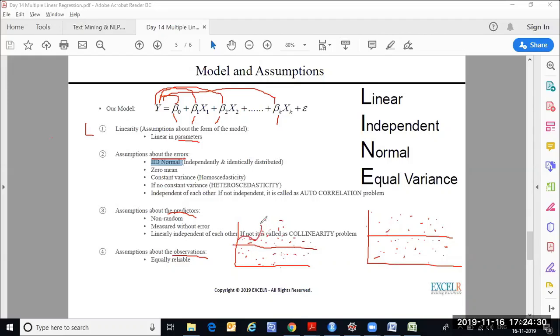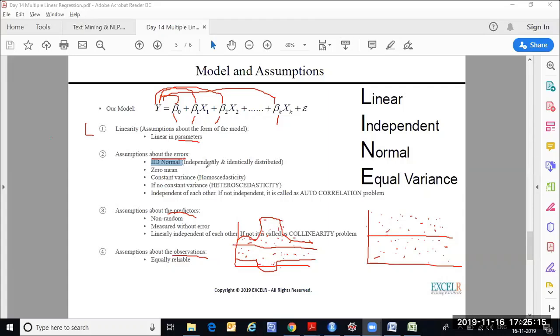These errors or residuals are following a pattern, right? So the errors or residuals that you are plotting should not follow any kind of patterns. They should be randomly distributed or independently distributed. There should not be any sort of relationship between the errors of different observations. Am I clear with that point? Online folks? Okay.